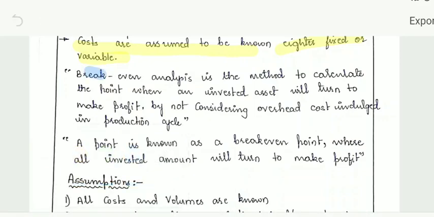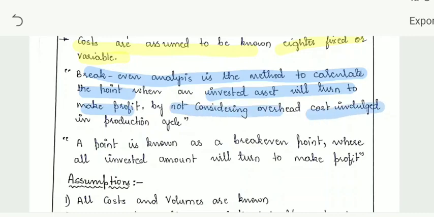This break-even analysis is a method to calculate the point when the invested asset will turn to make profit, not considering the overhead cost involved in the production cycle. We always consider this of vital importance in determining the practical application of the cost function.